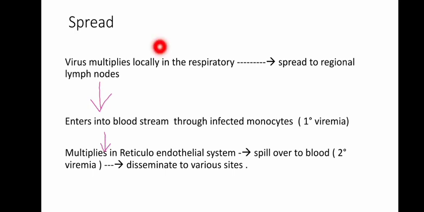First, it enters the body, multiplies in the respiratory tract, spreads to lymph nodes, enters the blood and infects the monocytes, then multiplies in the reticuloendothelial system and disseminates to various sites.